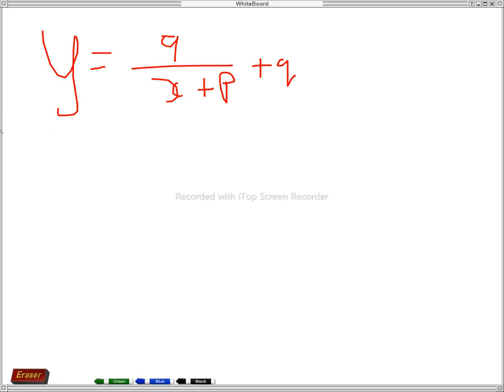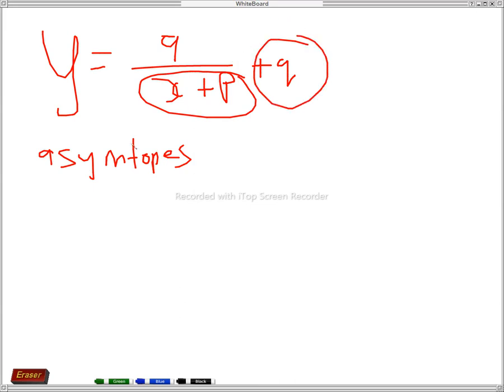Therefore the asymptotes. For the x asymptote we are just going to take it from here, and the y we are just going to take it from here.